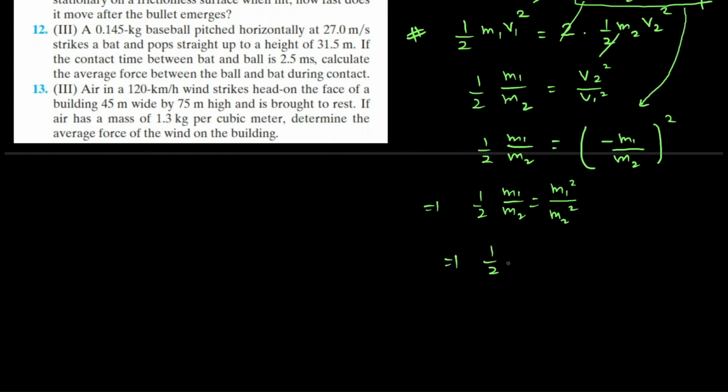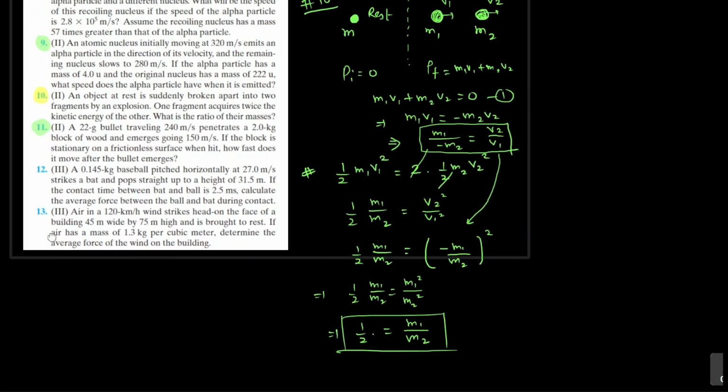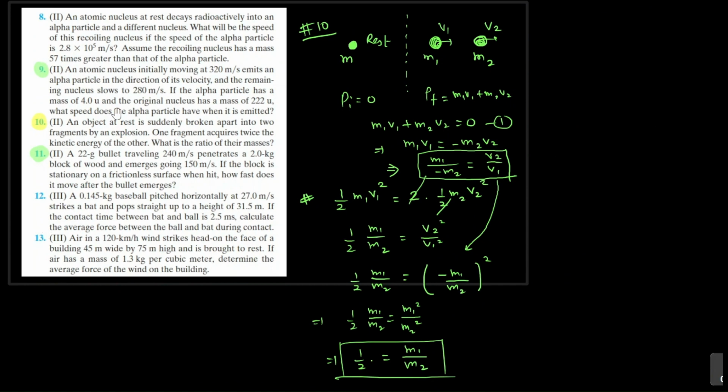One of the m1 is gone, one of the m2 is gone. So the ratio of the two masses is 1 is to 2. I see. All right, I'll just zoom out. You can write this and then we'll move ahead.